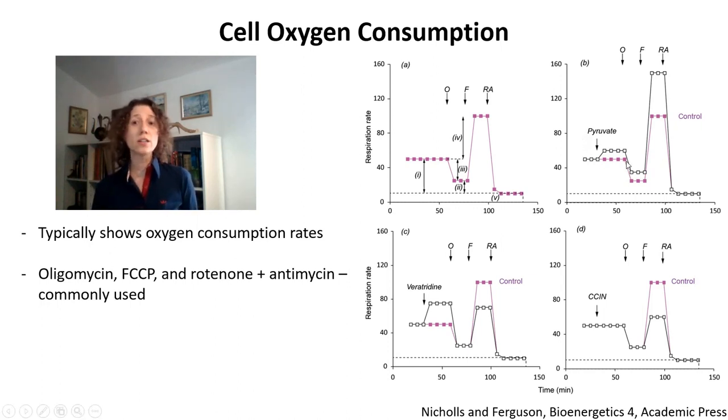So if you add, in addition to glucose, pyruvate as a second substrate, these mitochondria within these intact plasma membranes can respire more, can have more electron transport rate in the presence of uncoupler.